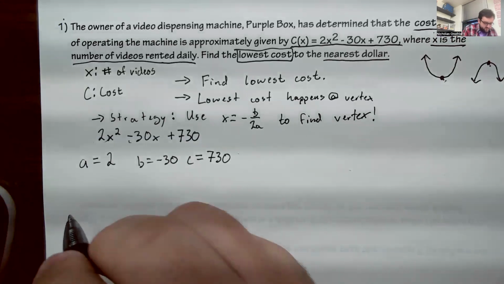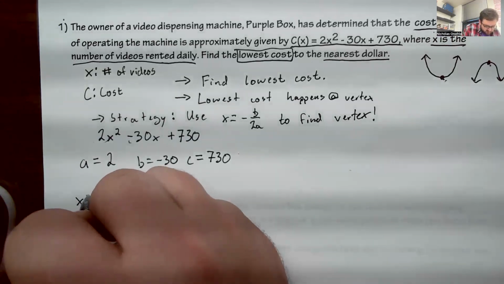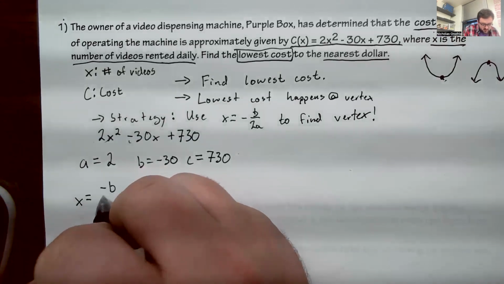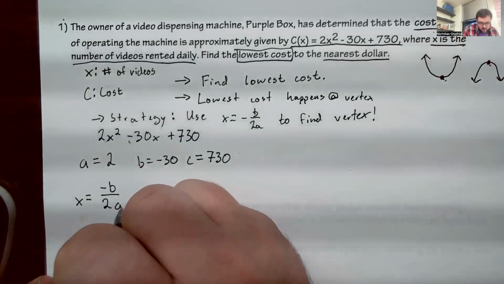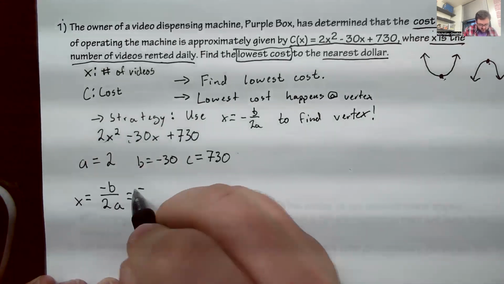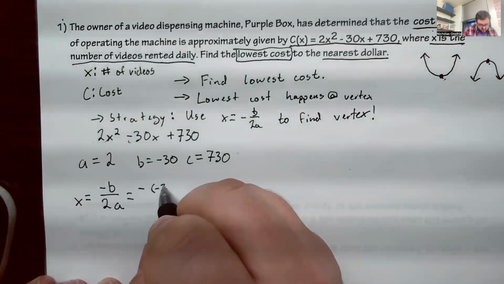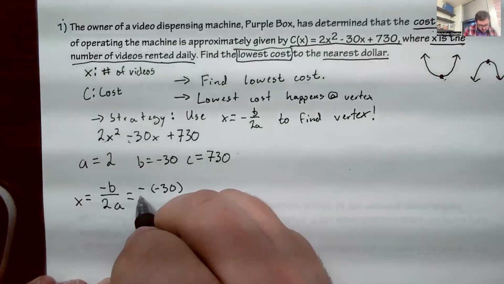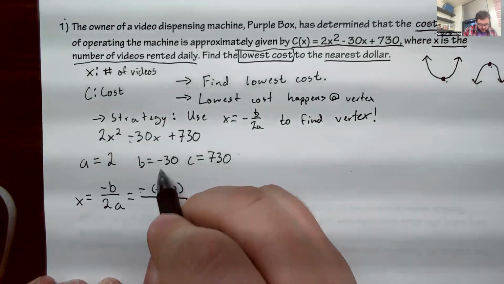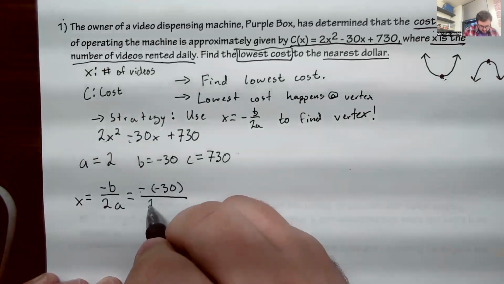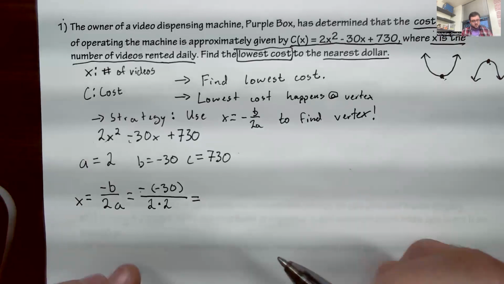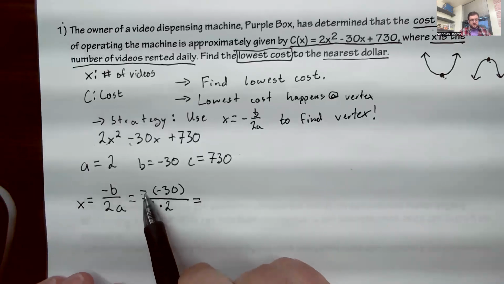Now that we have our A, B, and C, let's plug it into our equation. X equals negative B over 2A. Plugging in our values, we're going to get negative negative 30 over 2 times 2. Up in the top, we have two negatives here.